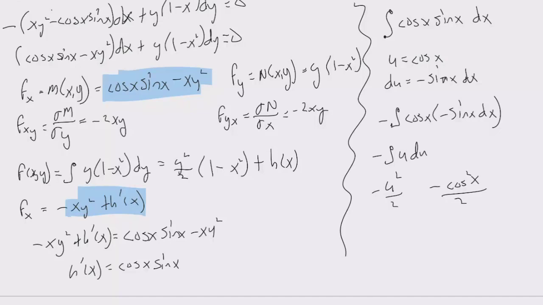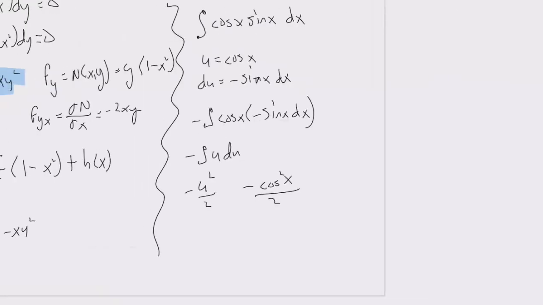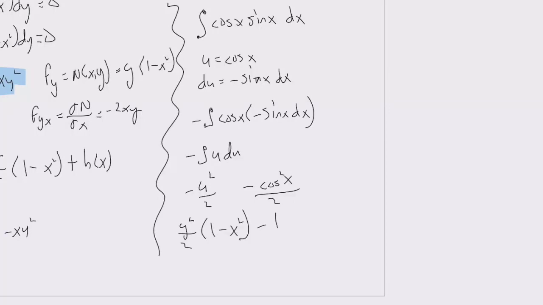Okay, so let's put all of that together into our function. So we have y squared over 2 times (1 minus x squared), minus 1/2 cosine squared x equals some constant.